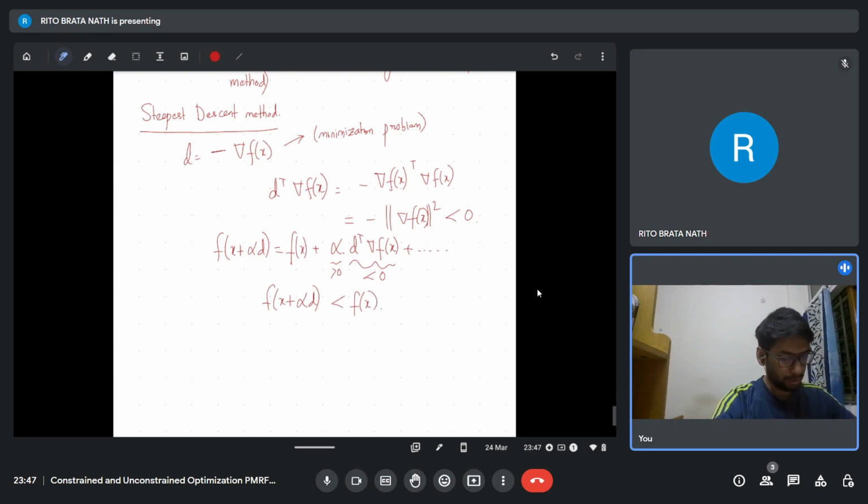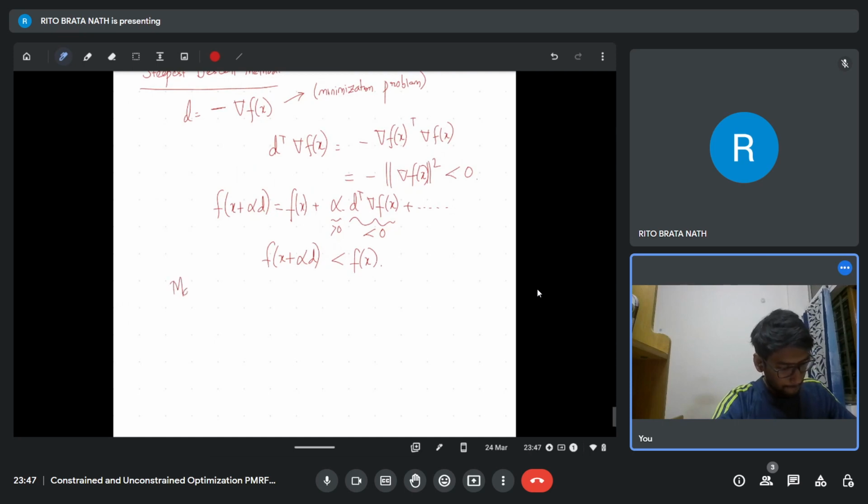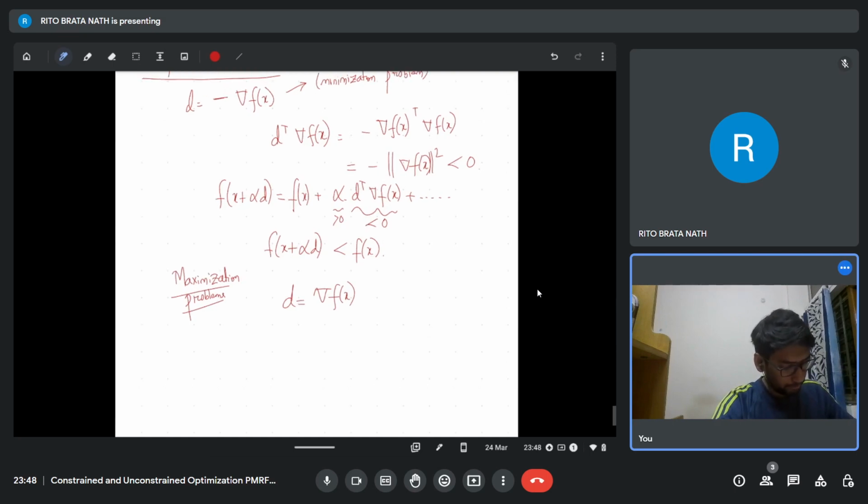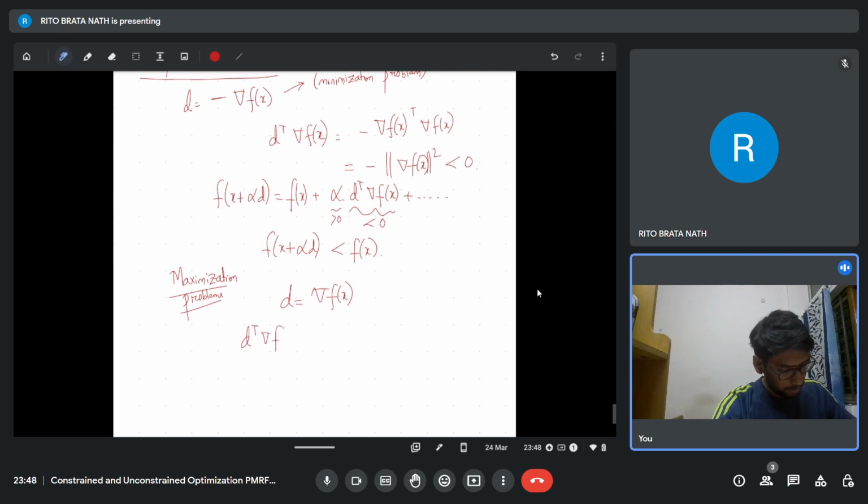So that means you are decreasing your objective function value by moving in the direction of d and taking step size alpha. So for the maximization problems, what you have is d equals some delta f(x). The good thing about it is that you can do similar analysis, and it will be the norm of delta f(x) squared.